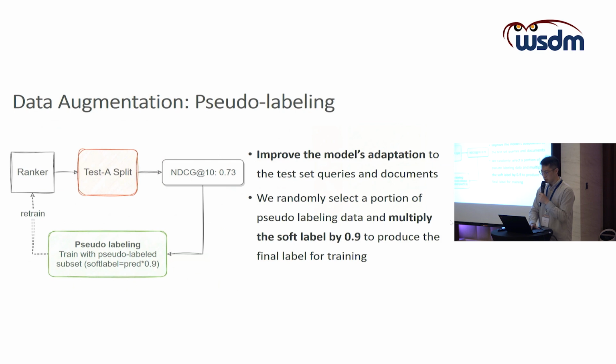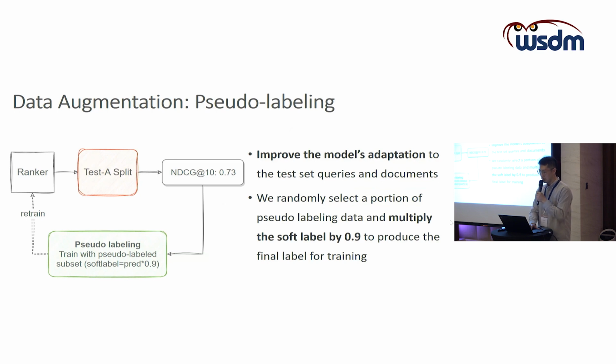In addition to Q2D, we also use pseudo-labeling as a method of data augmentation. This involves generating pseudo-labels from the test site using our trained models. By doing so, we can increase the amount of data used for training and improve the model's adaptation to test site queries and documents.